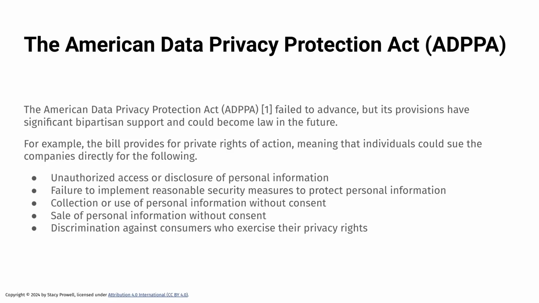There's a tort there, and you can sue them for unauthorized access or disclosure of personal information, failure to implement reasonable measures to protect the information, collection of information without consent, sale of information without consent, and discrimination against consumers who exercise their privacy rights. So if you say, no, you can't sell my data, they're like, well, we won't do business with you. Okay, we got to figure that part out. So not a law yet, but probably parts of this are coming.